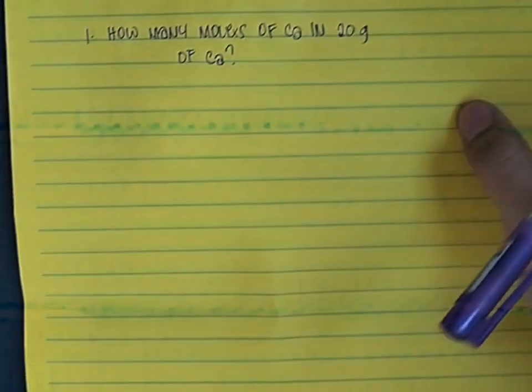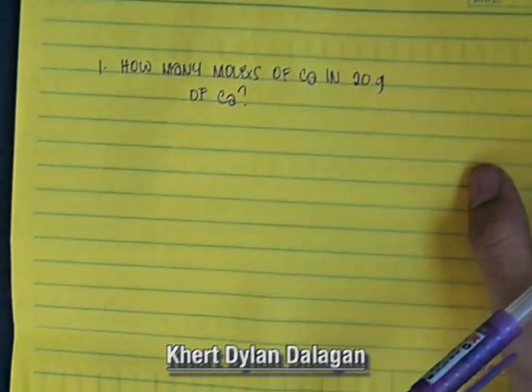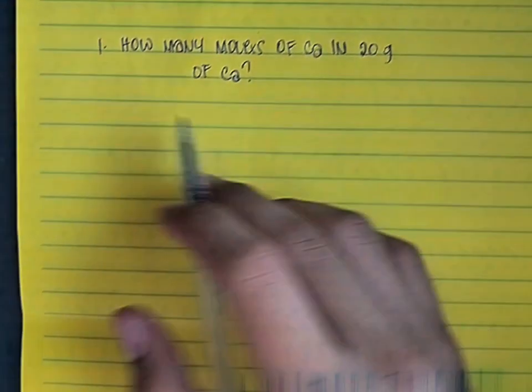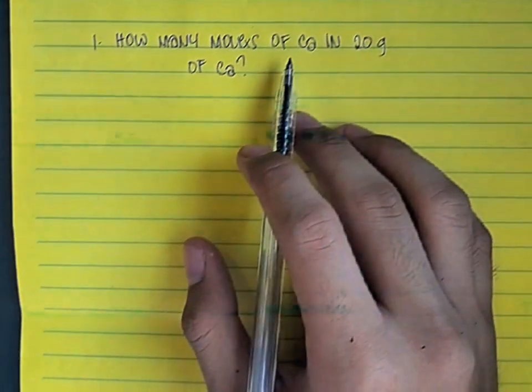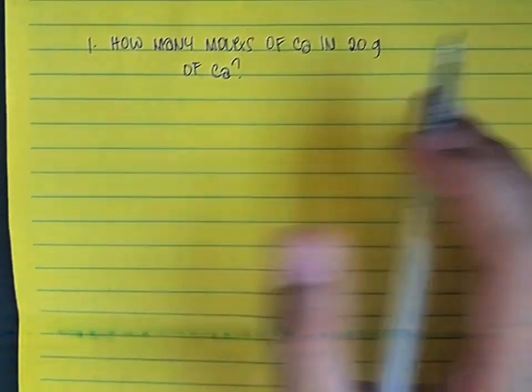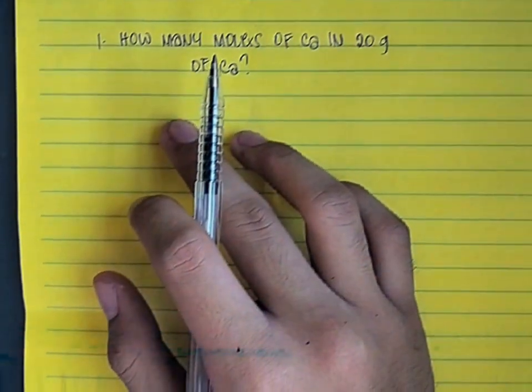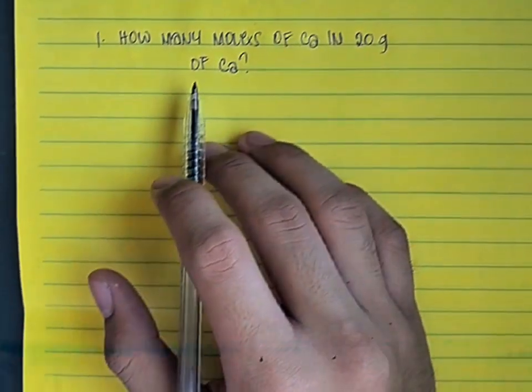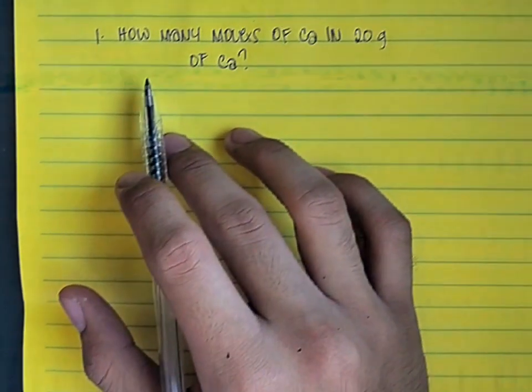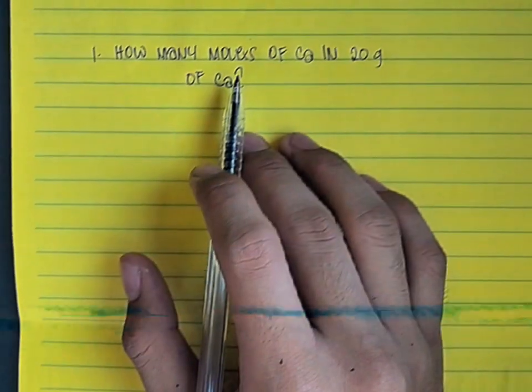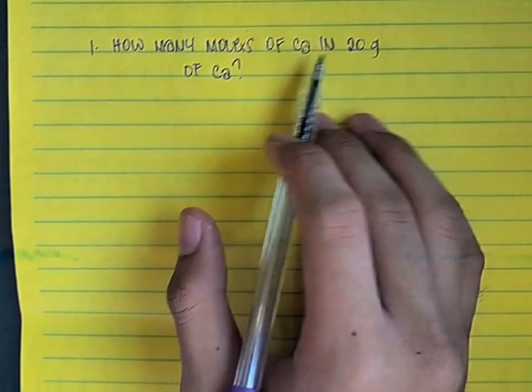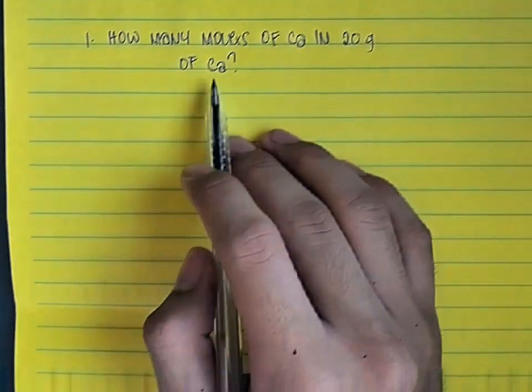Now let's start answering some word problems. In this problem, how many moles of calcium are in 20 grams of calcium? The first step is to analyze the given problem. The problem asks to determine the number of moles of calcium in the 20 grams of calcium.